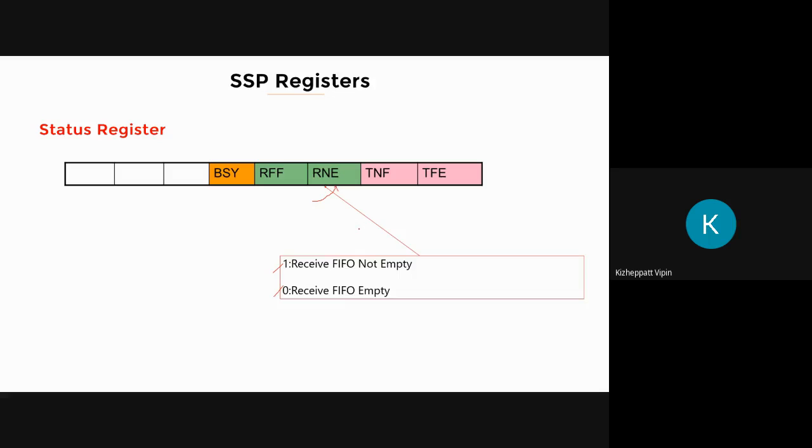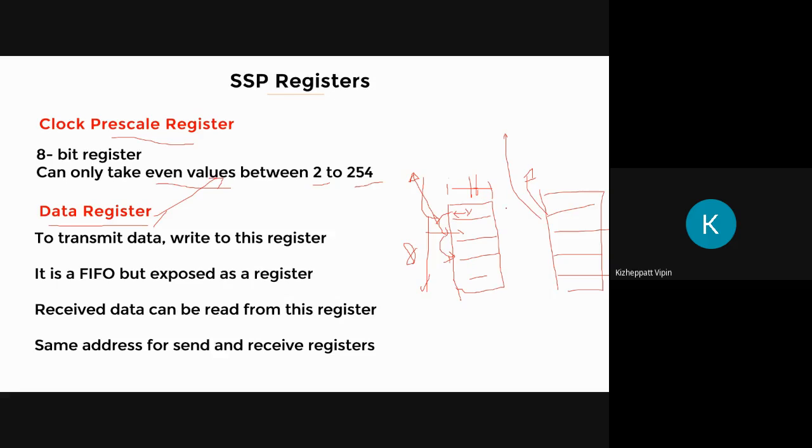So if you find this bit is 1, what will you do? We'll read from it. Read from where? You will read from the data register, which is effectively reading from the FIFO.